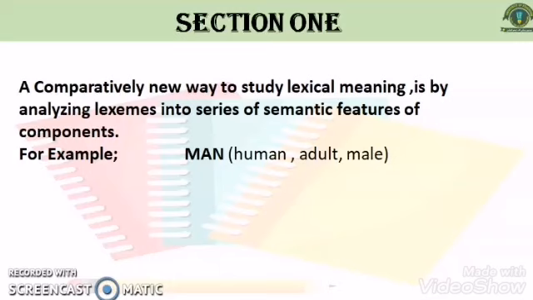As the very first example, it has been clearly explained that there are three basic semantic features: human, adult and male.